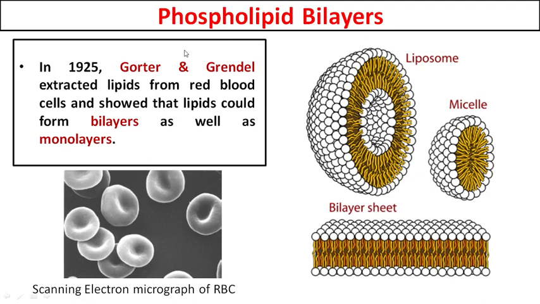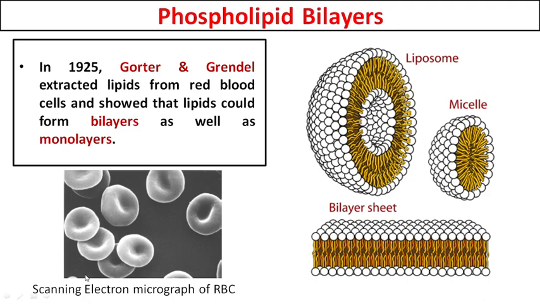Now before we can start, like always, let us discuss some history. There were scientists Gorter and Grendel in 1925. They extracted lipids from RBCs. This is a scanning electron micrograph of RBC. I had told you there were two types of electron microscopes: scanning electron microscope and tunneling.